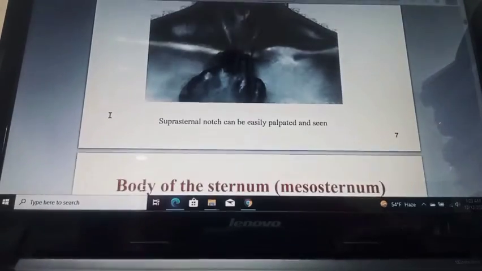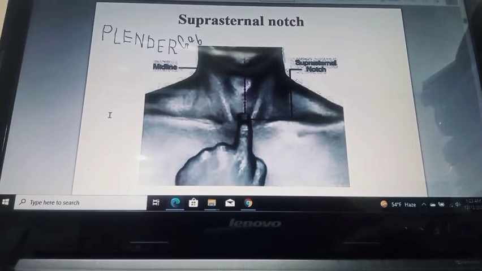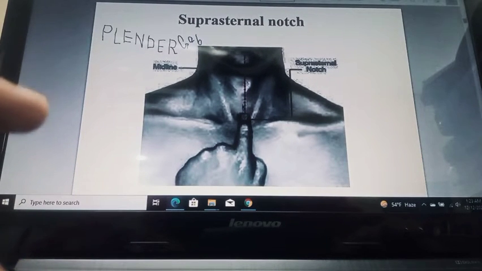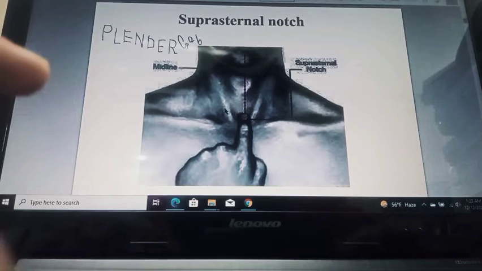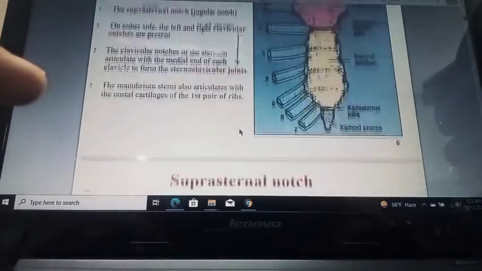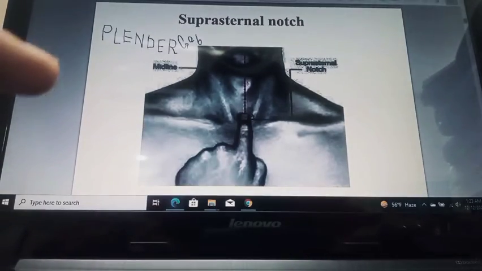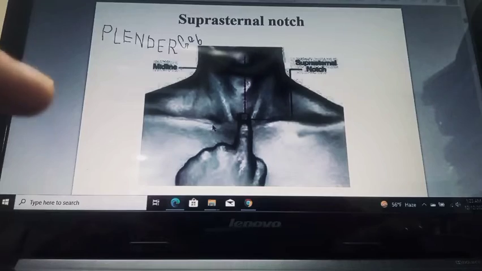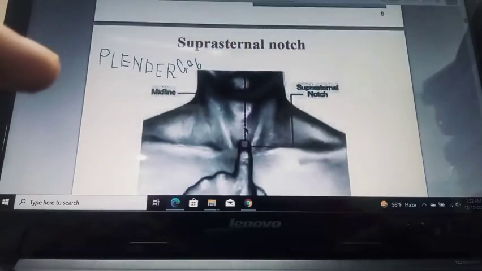Now if I come here, you can see this is the suprasternal notch, located between the right clavicular notch and the left clavicular notch, above the manubrium. Another name for the suprasternal notch is the plunder gap.